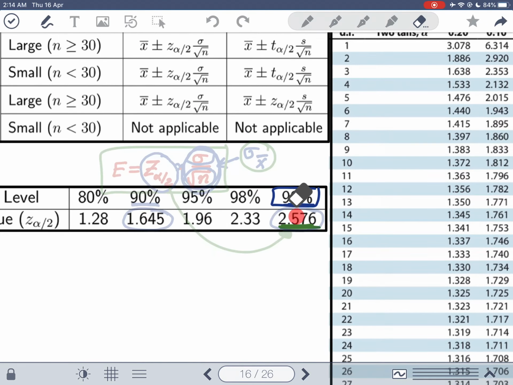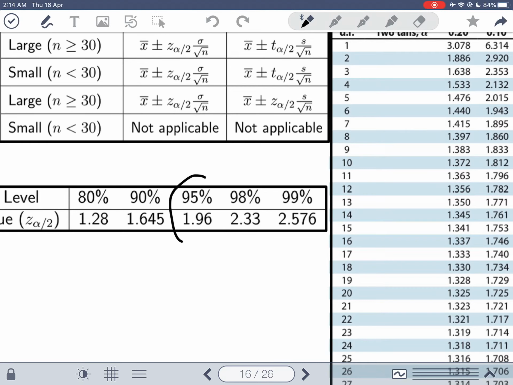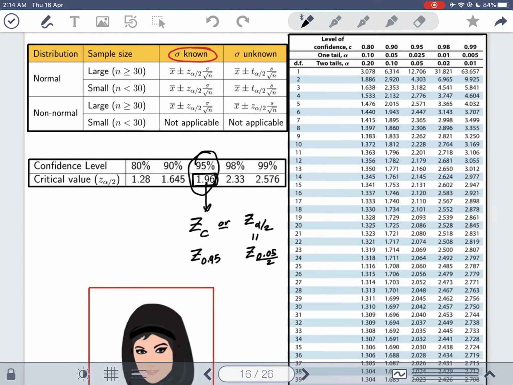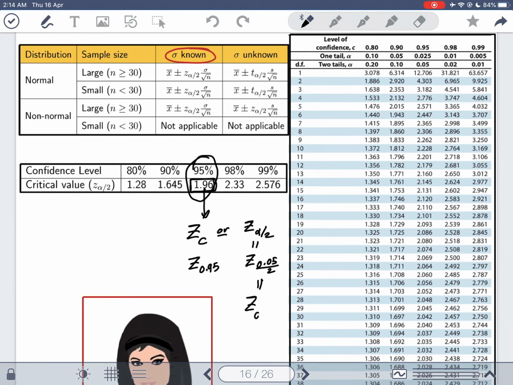So take this out, and for 95% confidence, the critical value for Z, which we call either Z sub c or Z sub alpha over 2. If we use c, you will say 0.95. If you use Z sub alpha over 2, you will say 0.05 over 2, and of course better to write it as 5% over 2, which is 2.5%. Either you use this notation or this, but at the end, it is 1.96.